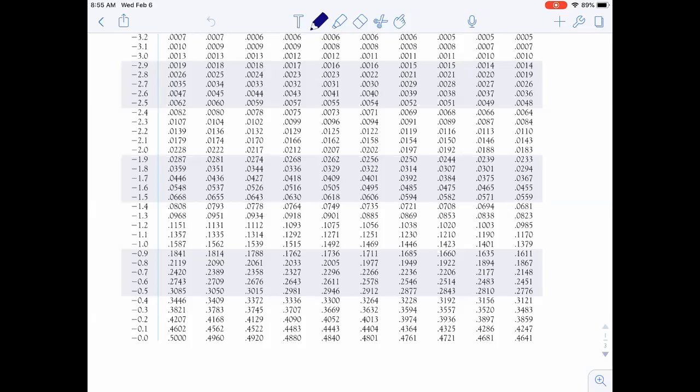So 0.15 minus 0.1492 is 8 away, if that makes sense, right? Because you get 0.0008. So it turns out that this one's closest. However you want to find the closest one is fine. In fact, if you wanted to tell me that you're going to use this one, I'll take half a mark off. I'll consider it a typo, right? But then if you follow through with the wrong one, it doesn't hurt you. Okay?